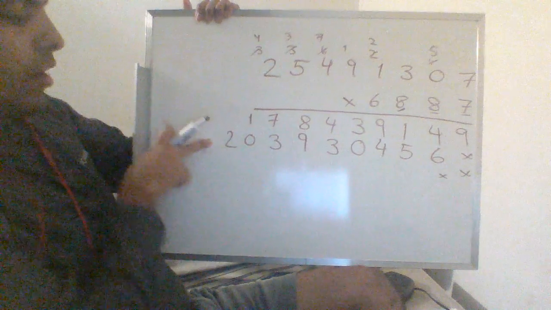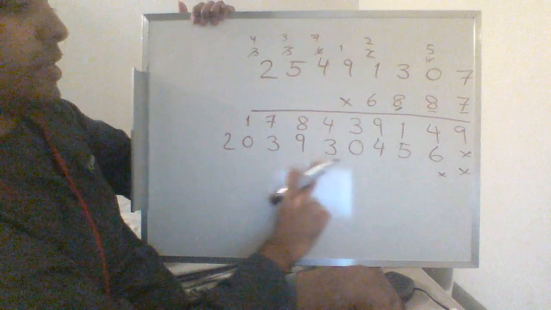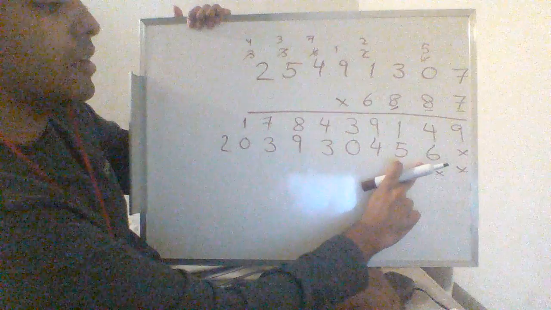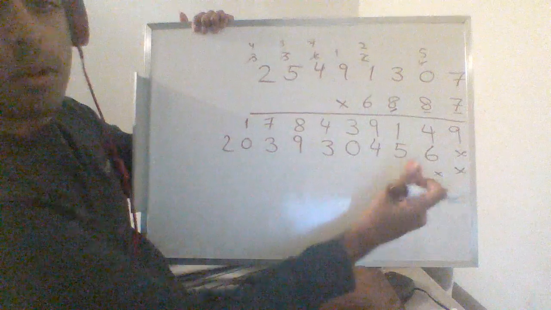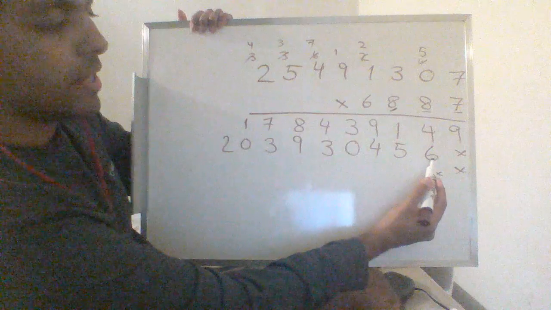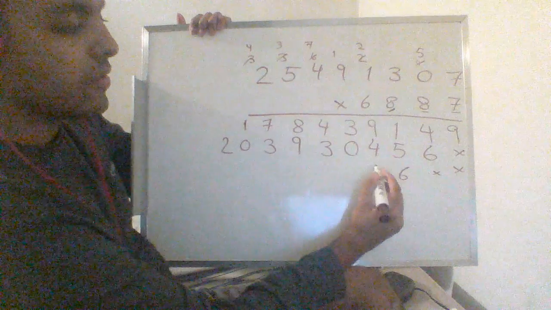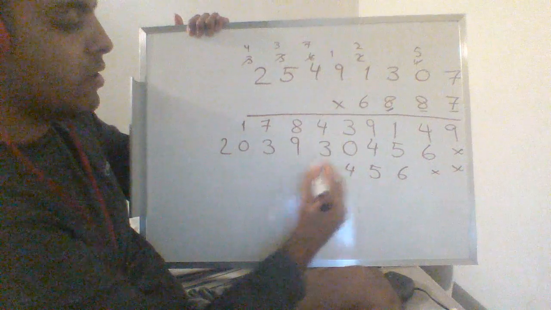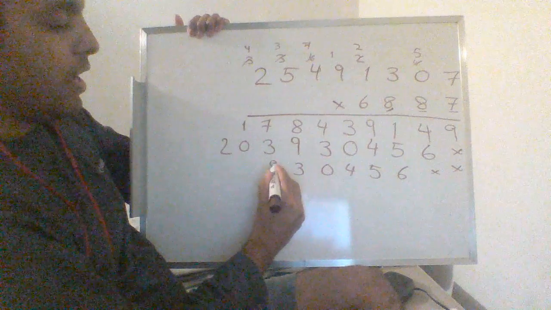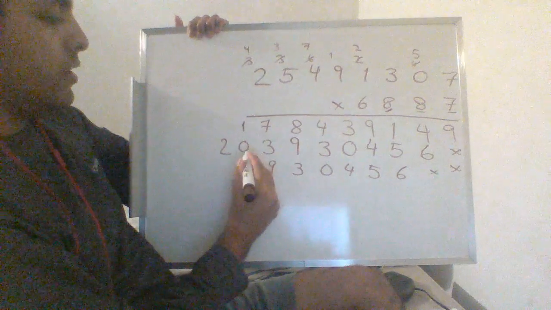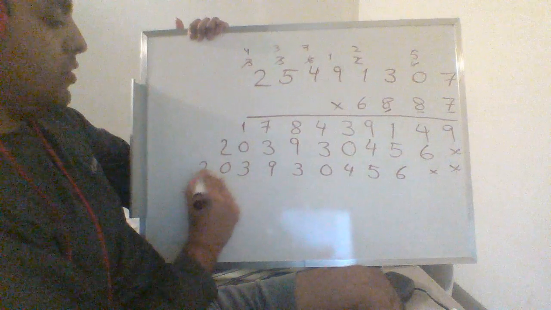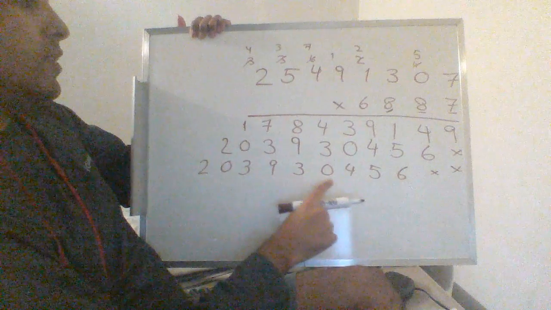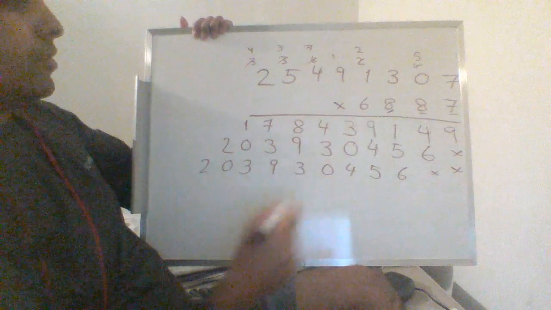I can just read off this line, 2039304556, and just copy it down here, moving everything one space over. So I could take this 6 and I'll put it right here, this 5 and I'll put it right here, 4 over here, 0, 3, 9, 3, 0, 2. 203930456, and then the 2 x's.